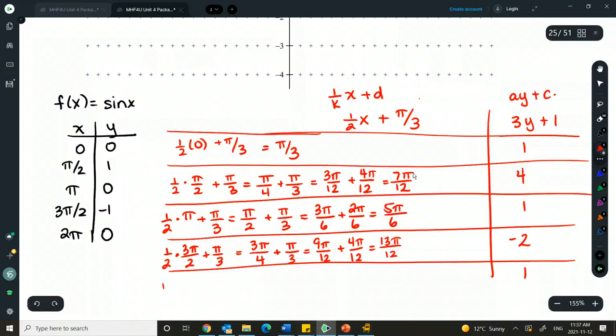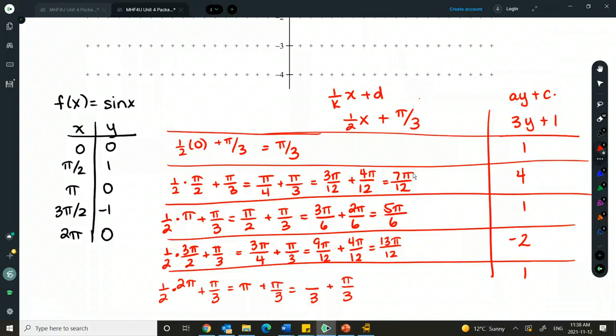Last one, 1/2 times 2 pi plus pi over 3. The 2's will cancel, we'll just be left with pi plus pi over 3. Common denominator, we'll use 3. The one on the right doesn't need to change. The left one, I would have to multiply top and bottom by 3. So this will be 3 pi over 3 plus pi over 3, 4 pi over 3.